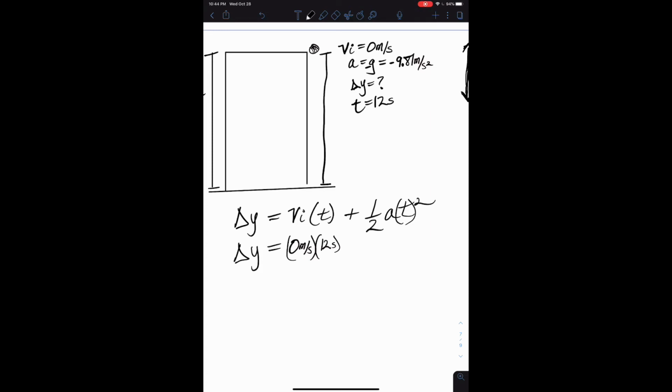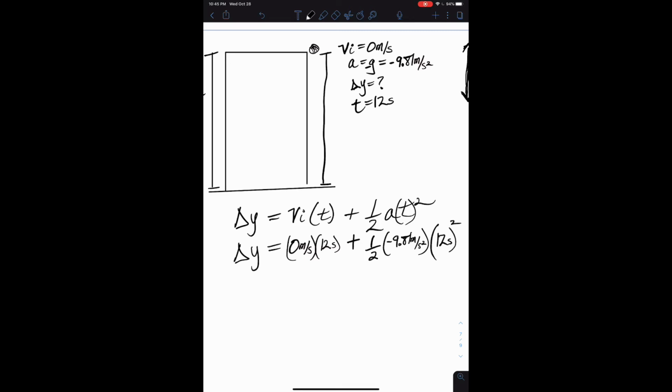We don't worry about terminal velocity. So we're just going to assume the orange is going to keep speeding up as long as it's in the air. All right. Acceleration is going to be negative 9.81. And our time is 12 seconds, so we're going to go ahead and square that.